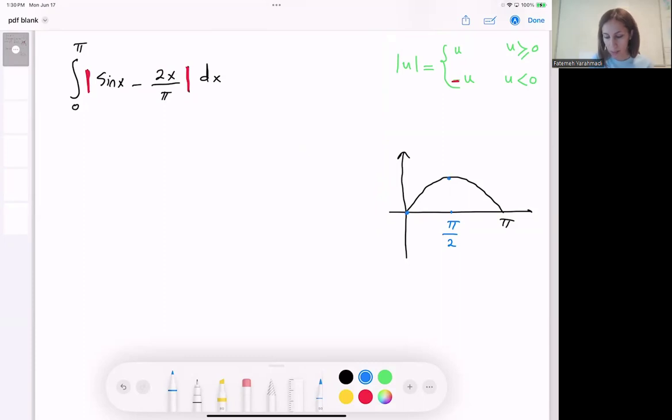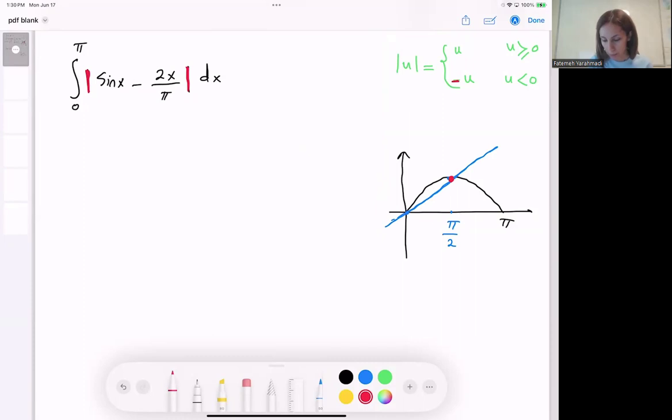It means that they have an intersection. The sine function and this line are intersecting at pi over 2.